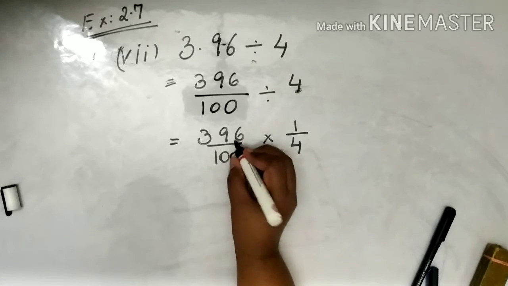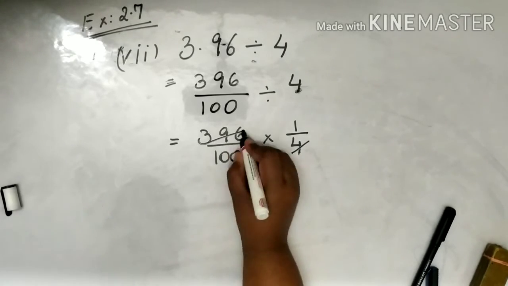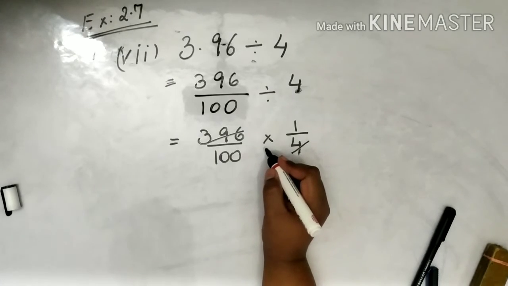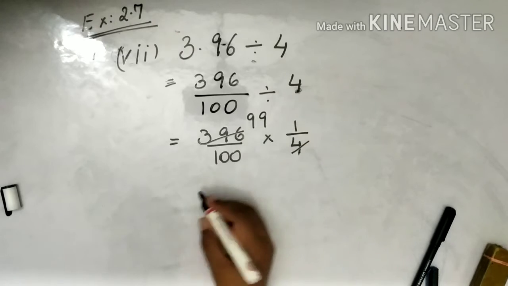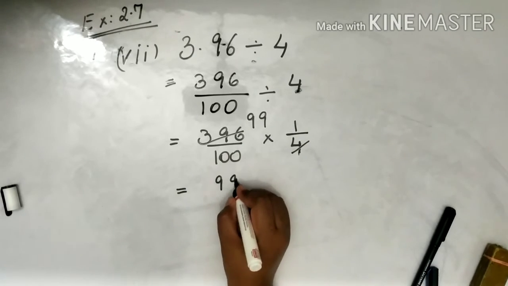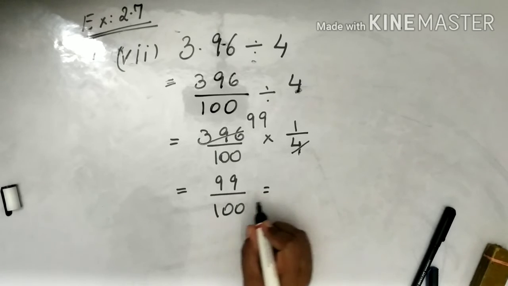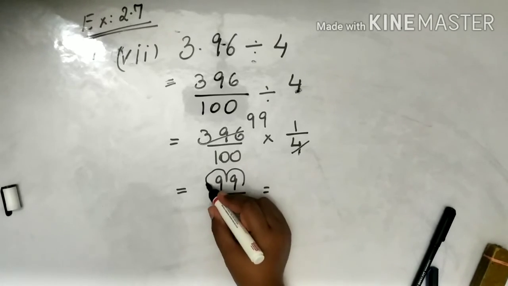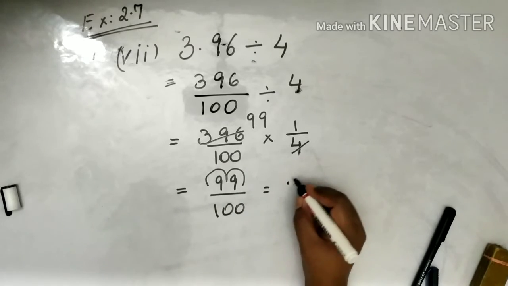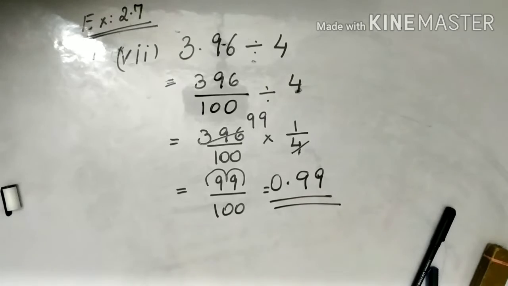Yes, 96 is divisible by 4, so it will cancel. So the answer will be 99 divided by 100. You can directly write this as, if the point is here, it will jump twice, and the answer will be 0.99.